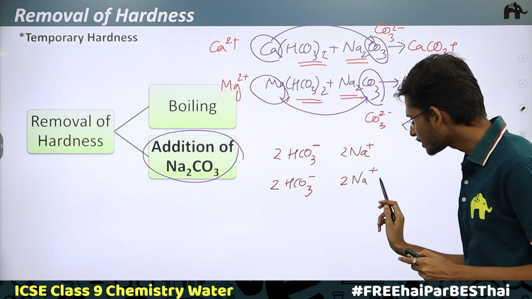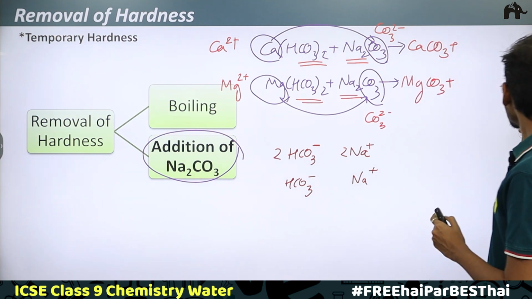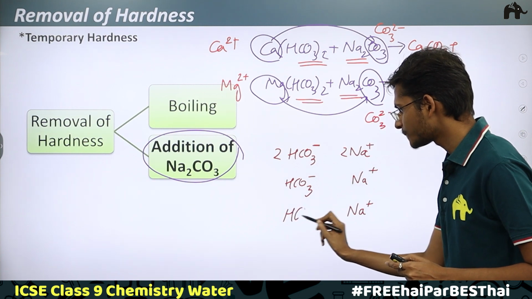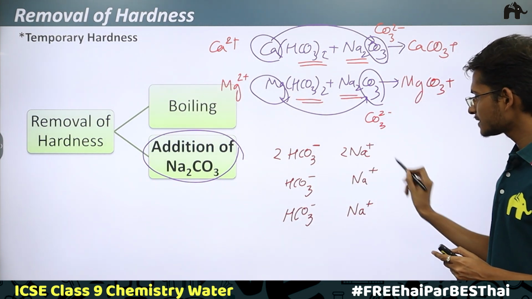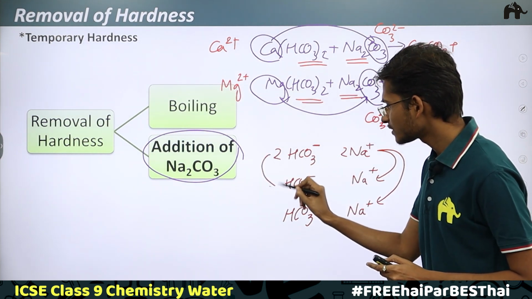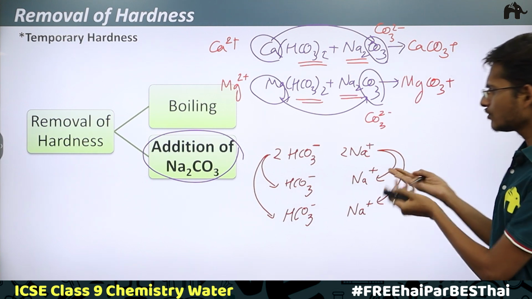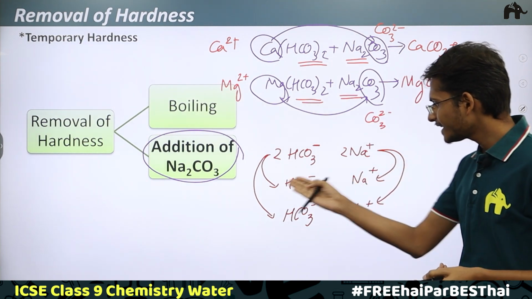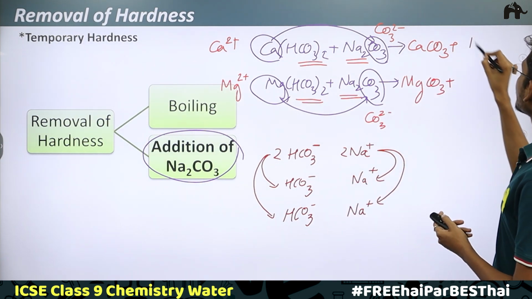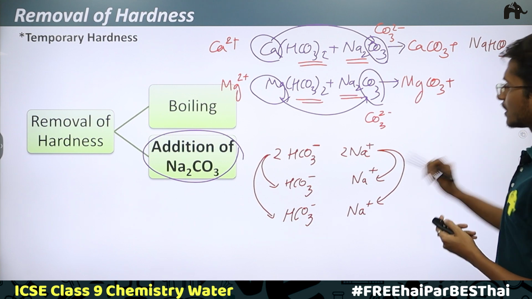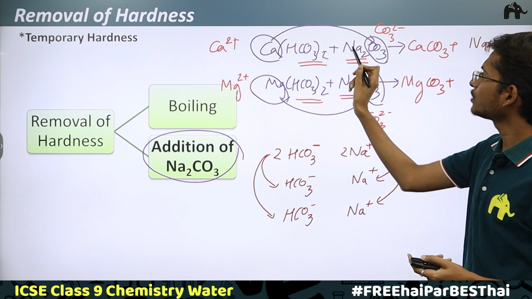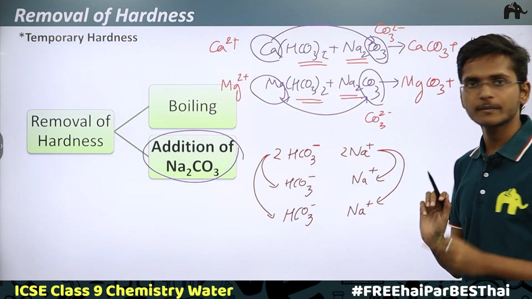I'm erasing this so you can understand. The 2 Na plus and the 2 HCO3 minus I have written separately. Na plus HCO3 minus gives NaHCO3, plus 1 and minus 1 balanced. So NaHCO3 would be formed here, and here also NaHCO3 is formed. I'm just talking about one case: 2 Na plus, 2 HCO3 minus. Clear?